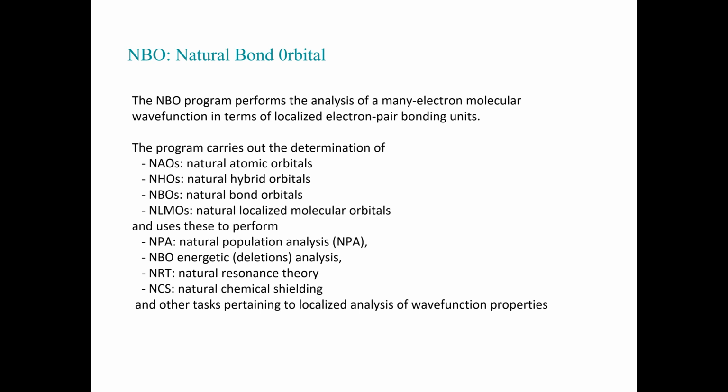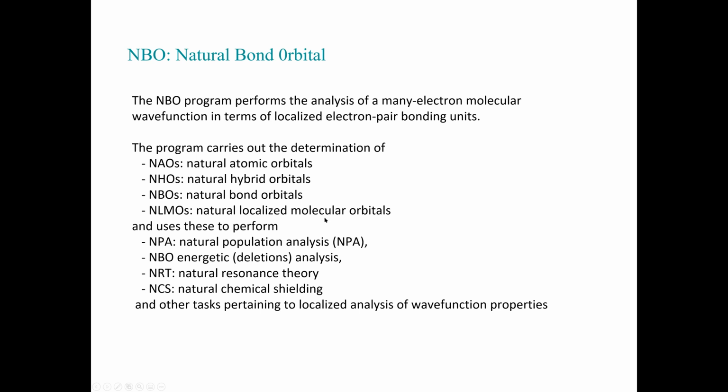But it's a post-processor after Gaussian or other computational chemistry packages. It does a sort of transform of the wave function into localized, paired bonding orbitals. There are many transforms in NBO's output: natural atomic orbitals, natural hybrid orbitals, and natural bond orbitals. That's the final name used here.